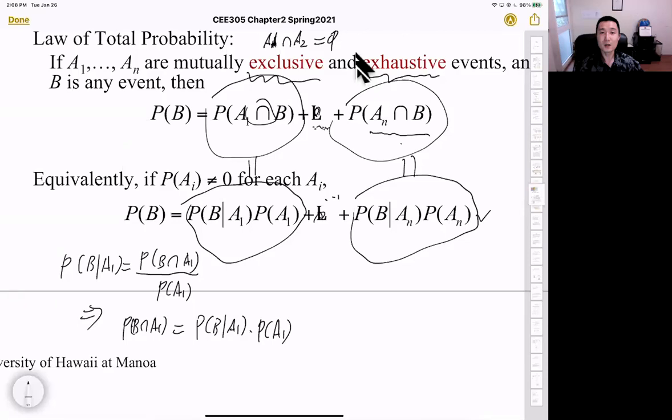That's why P(A1 and B) is equal to that part. So this is the equation for total probability when A1, A2, and AN are mutually exclusive and exhaustive events.